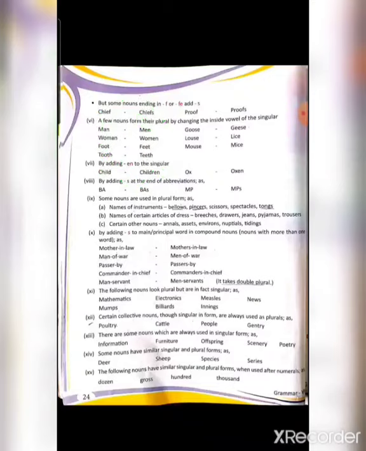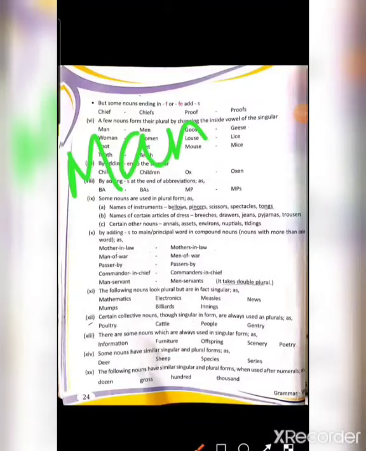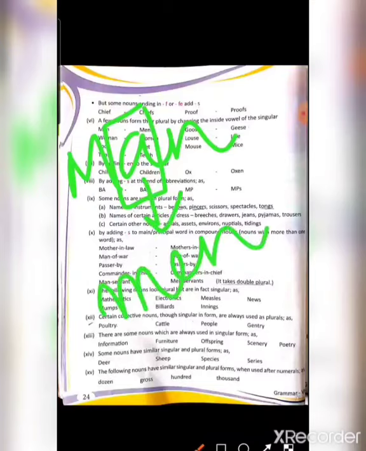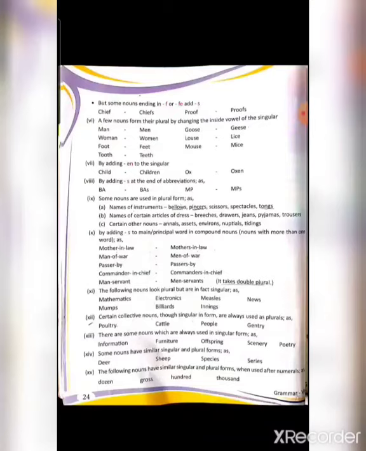Let us understand better with the example. Suppose man is there. So inside the man, the middle letter is a vowel. So we will change these vowels. Man will become men. Woman will become women. Clear? So we will only change the vowels. Tooth will become teeth. Mouse will become mice. Louse will become lice.